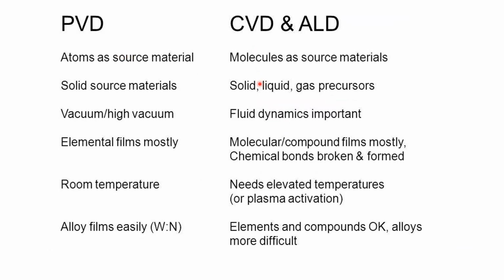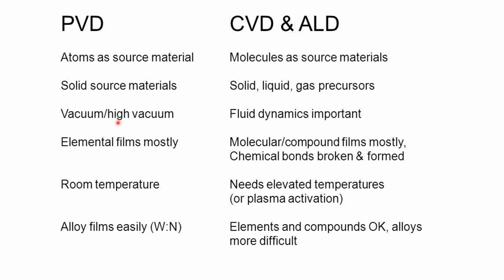So there are certain differences between physical vapor deposition, chemical vapor deposition, and atomic layer deposition. In the case of PVD, we have seen that atoms are the source material, whereas in CVD molecules are the source materials. In PVD, most of the time solid source materials are used and they are heated up, whereas in CVD solid, liquid, or gas can be used depending on the situation.